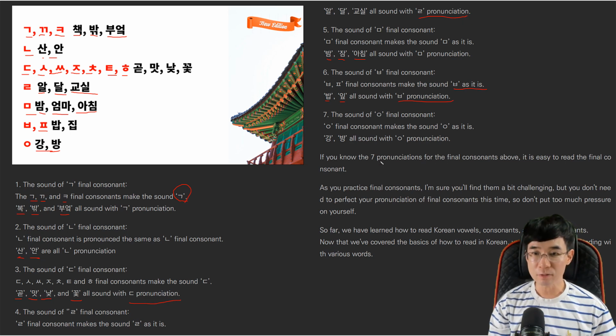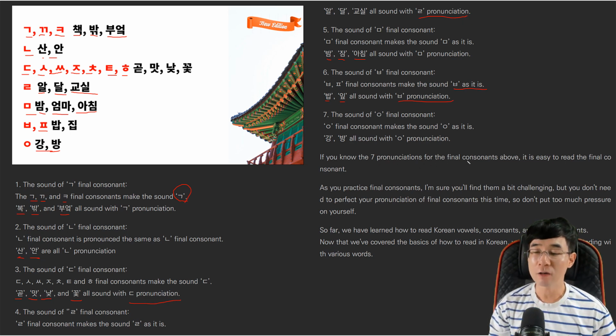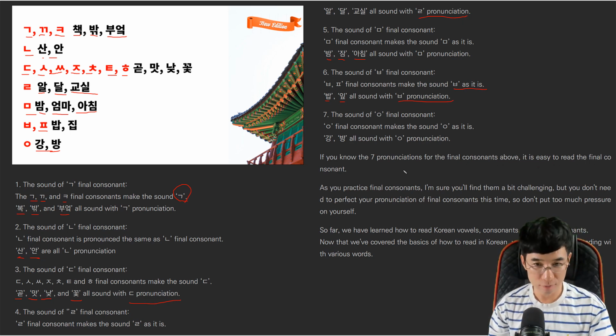If you know the 7 pronunciations for the final consonants above, it is easy to read the final consonant. As you practice final consonants, I'm sure you'll find them a bit challenging, but you don't need to perfect your pronunciation of final consonants this time. So don't put too much pressure on yourself.